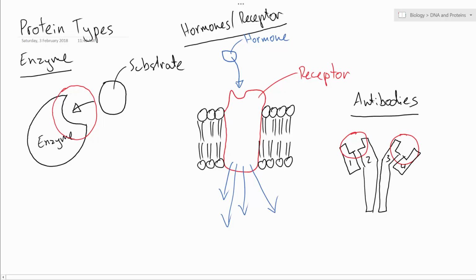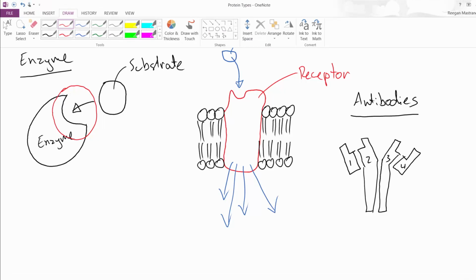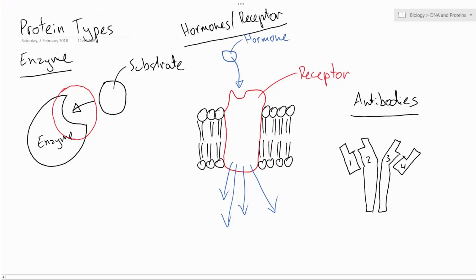Now these sites, because of their specific folding, are going to be a certain shape, and they're going to be specific to something called antigens. So these antigens will be sticking out like so from harmful bacteria that might be trying to infect our body, and the antibodies can come along and they can lock onto and grab onto these antigens and then be able to neutralize the harmful cells inside of our body.